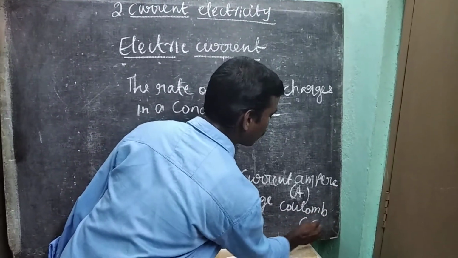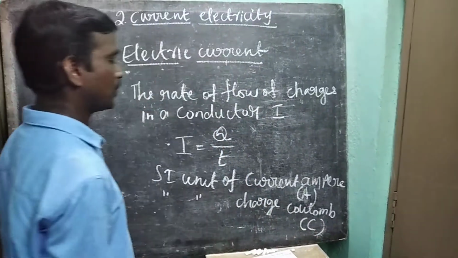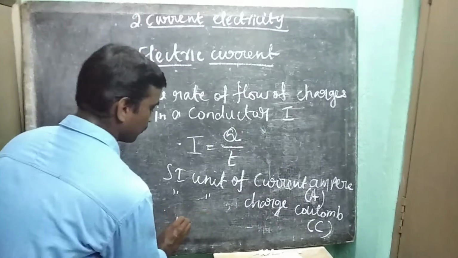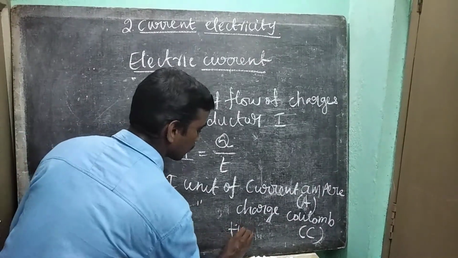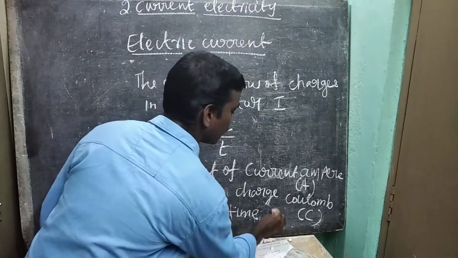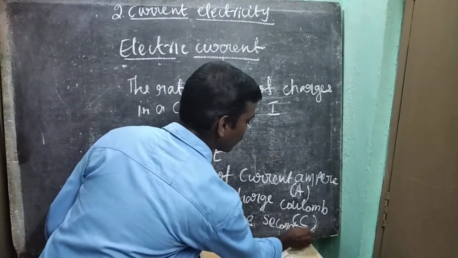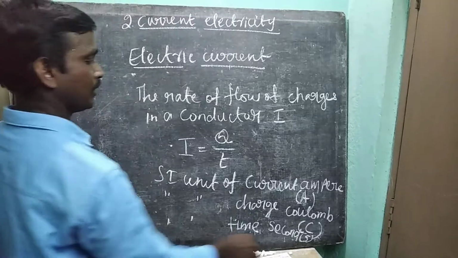It is denoted by capital C. SI unit of time is second, capital S.